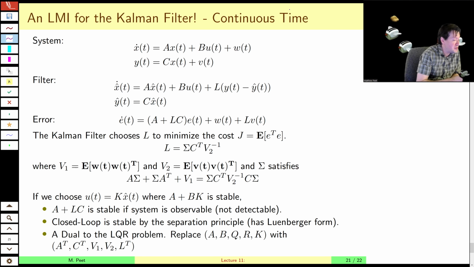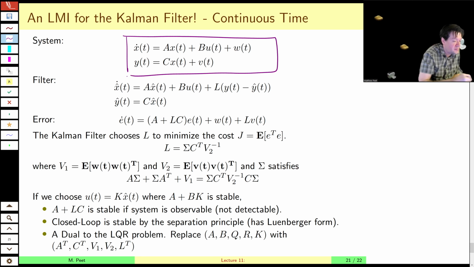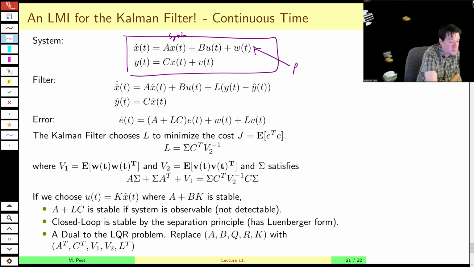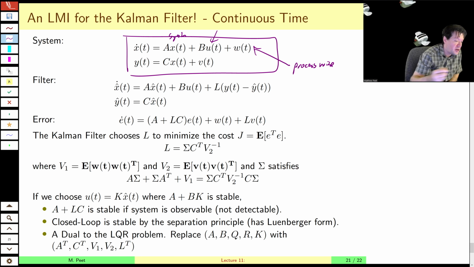So the Kalman filtering problem. Here's our nominal system. It is corrupted by process noise. It has an input, although the Kalman filter doesn't require an input.